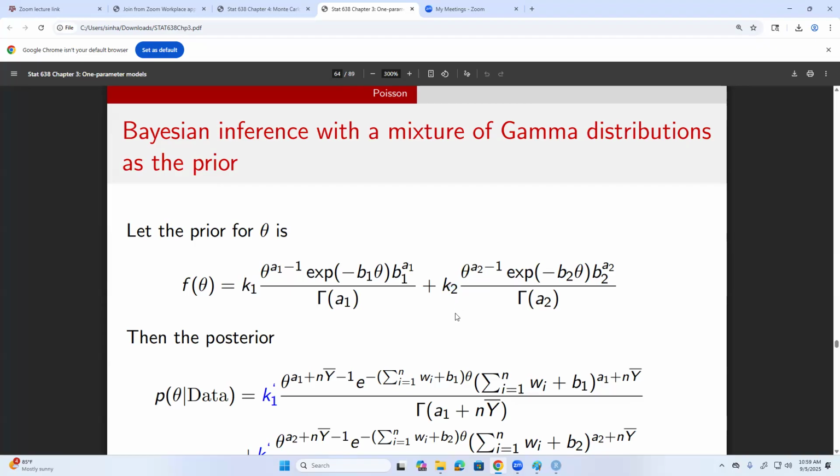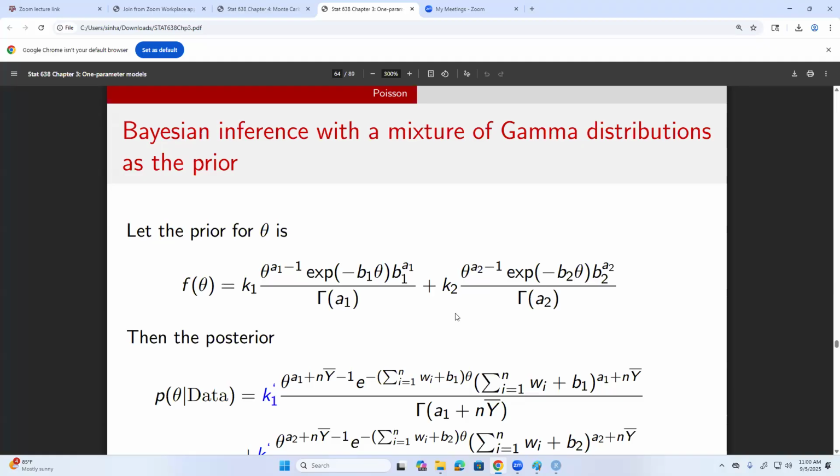For the mixture prior, you see, I had to write the entire prior density completely with the proportionality constant. Previously, I omitted writing those things, but this time the calculations are messy, therefore I keep all the terms. Otherwise, I may end up having wrong answers.